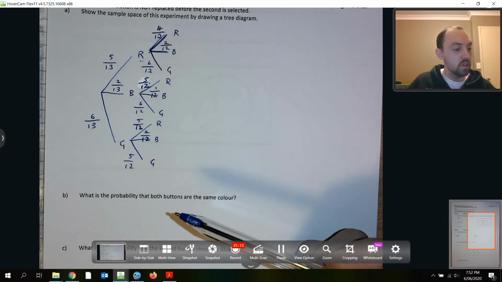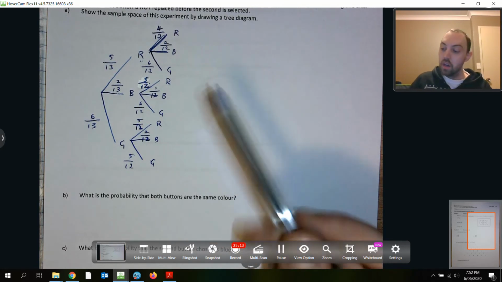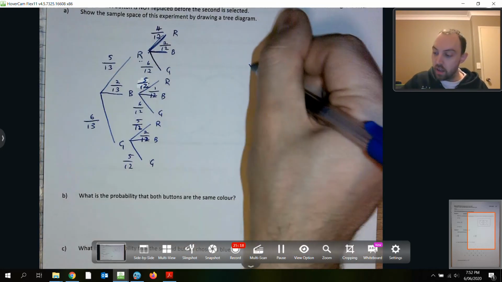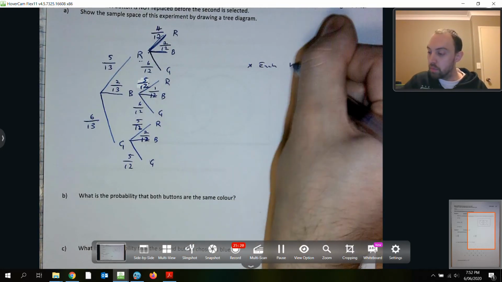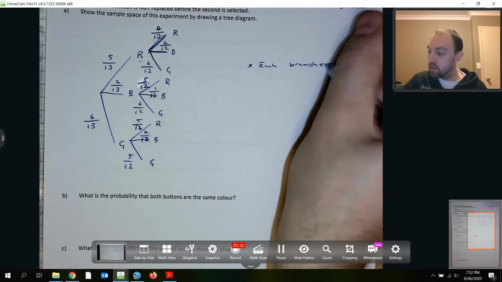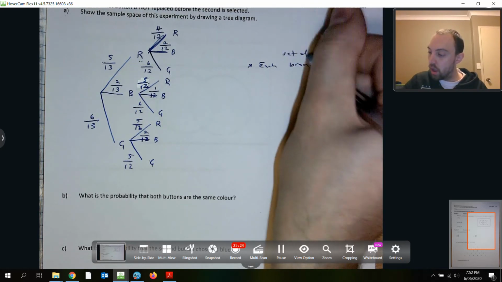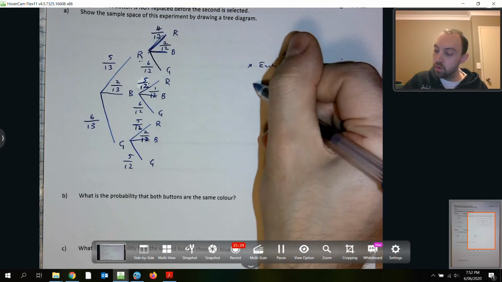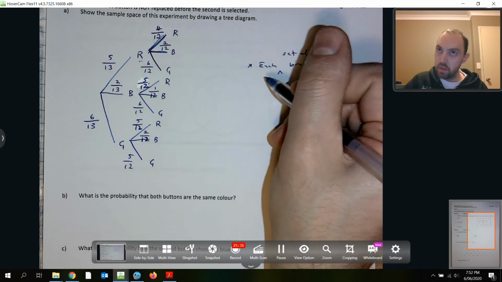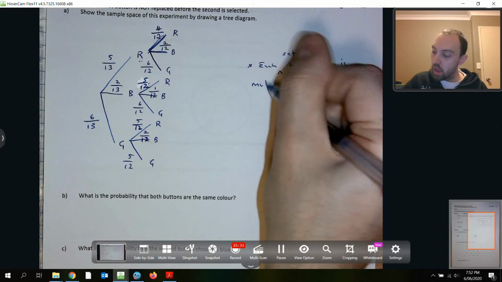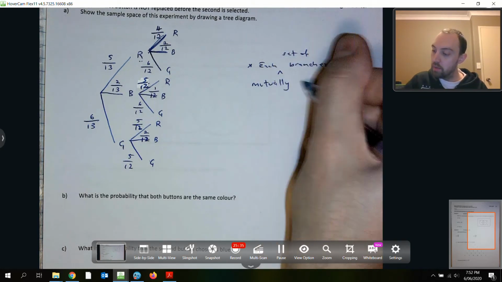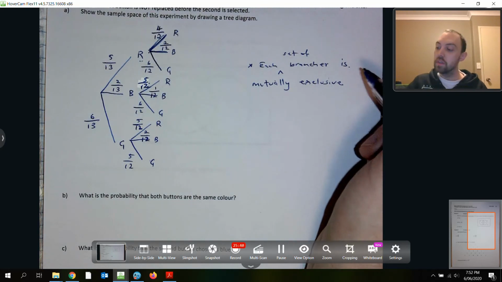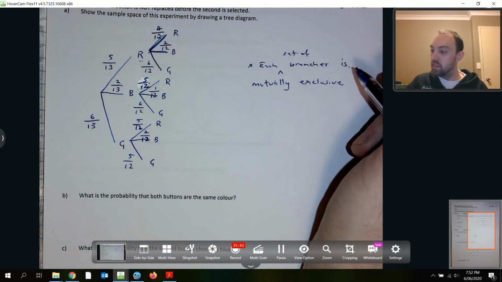Okay, make sure I haven't forgotten to say anything. With your tree diagrams, the important part is that each branch or set of branches is mutually exclusive, I believe would be the best way to say this. Okay, I do have a habit of mixing up independent and mutually exclusive. Okay, be better than me, practice lots.